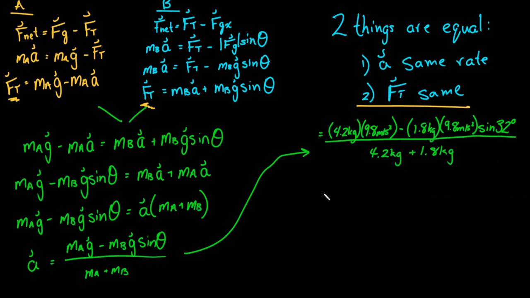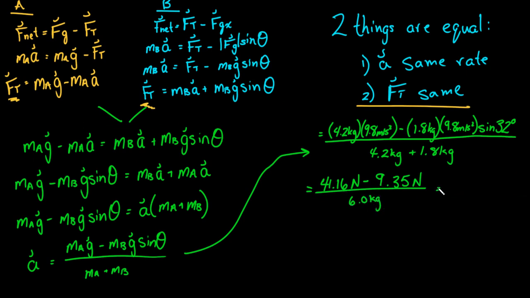Okay, we'll simplify here. Okay, so I get 41.16 newtons minus 9.35 newtons all over 4.2 plus 1.8 is 6 kilograms.